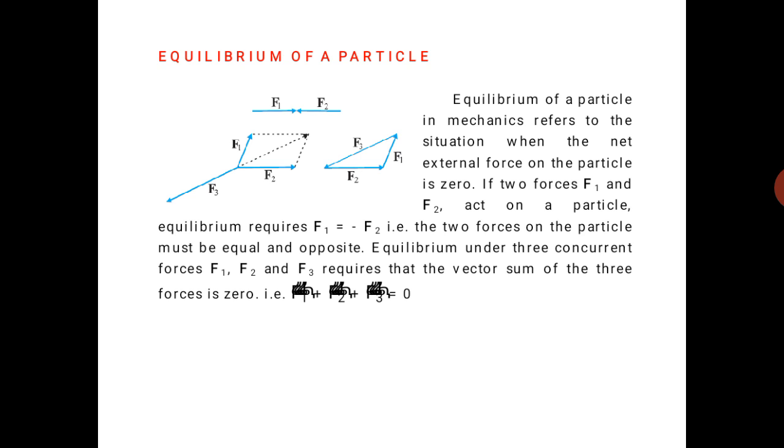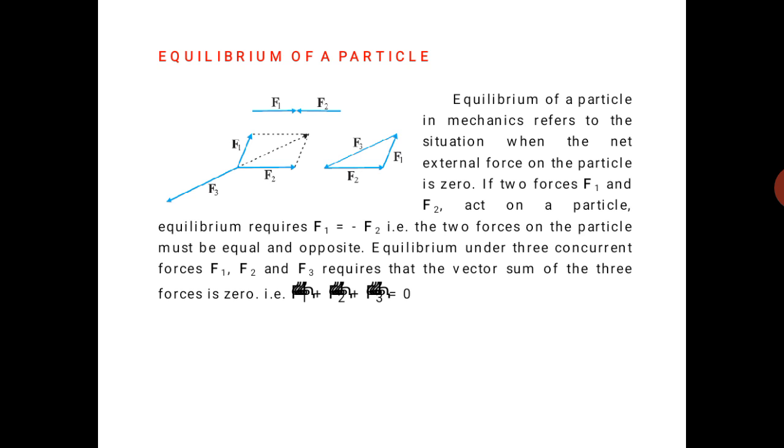The first figure shows two forces acting at a point in opposite directions. If the body is in equilibrium under the action of two forces F1 and F2, then clearly the magnitude of F1 equals the magnitude of F2, and the directions are opposite to each other.